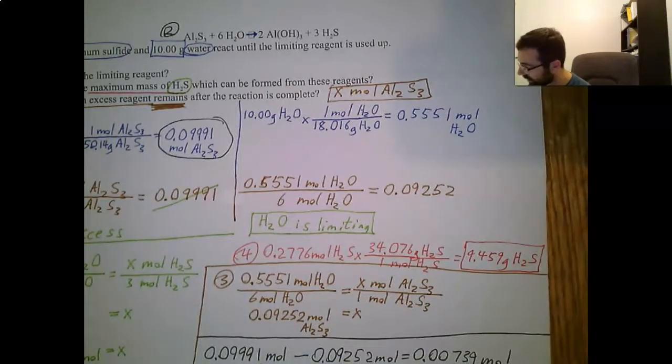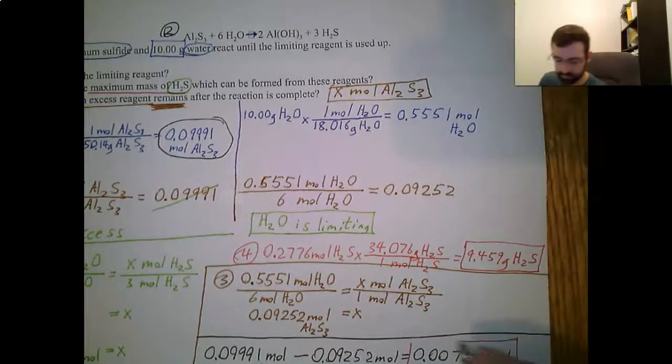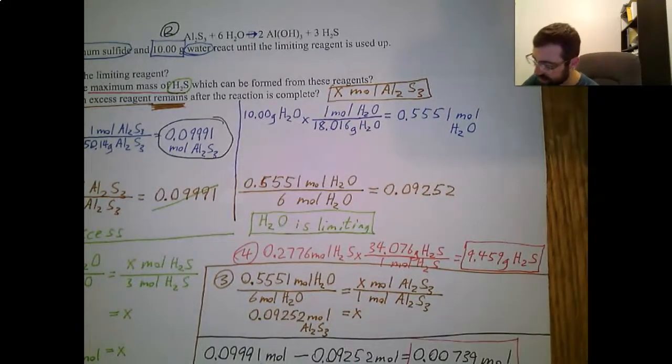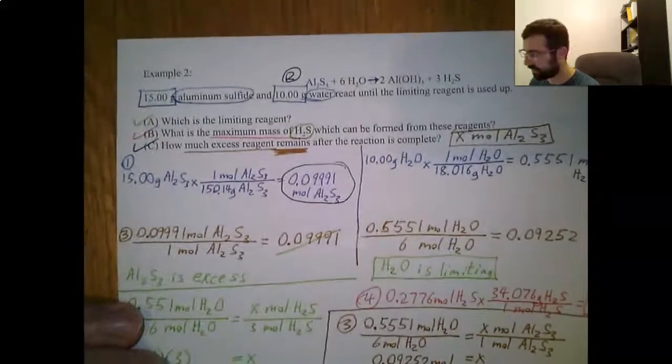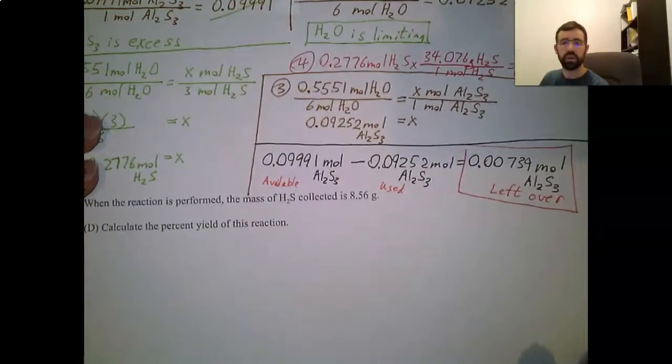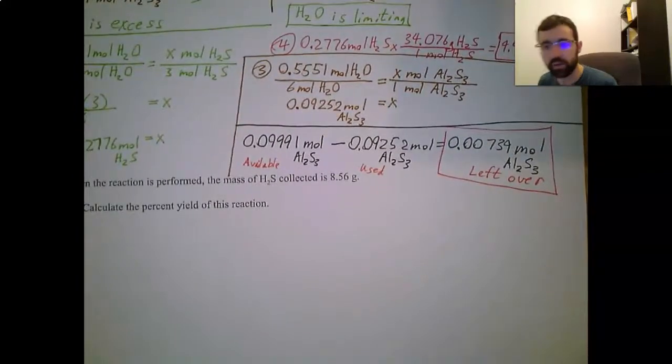That's what I started with. The second one represents what was used. And this represents what is left over. So this is my answer. And we just answered part C by subtracting what I started with minus what I used to get what's left over.